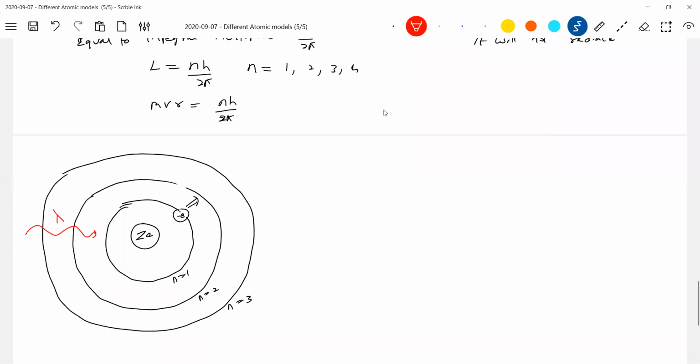So what actually happens in excitation? The electron jumps from a lower to a higher orbit, and it absorbs a photon. Then there is de-excitation. What do you mean by de-excitation? I'll draw the diagram.